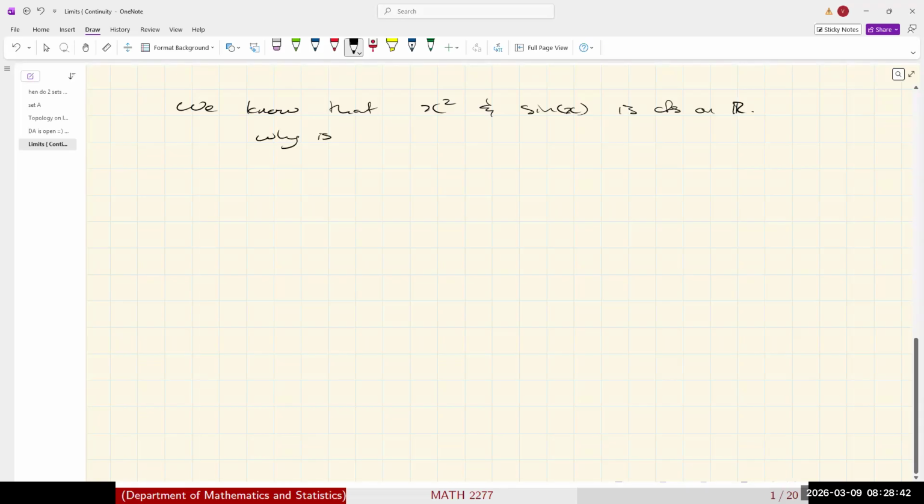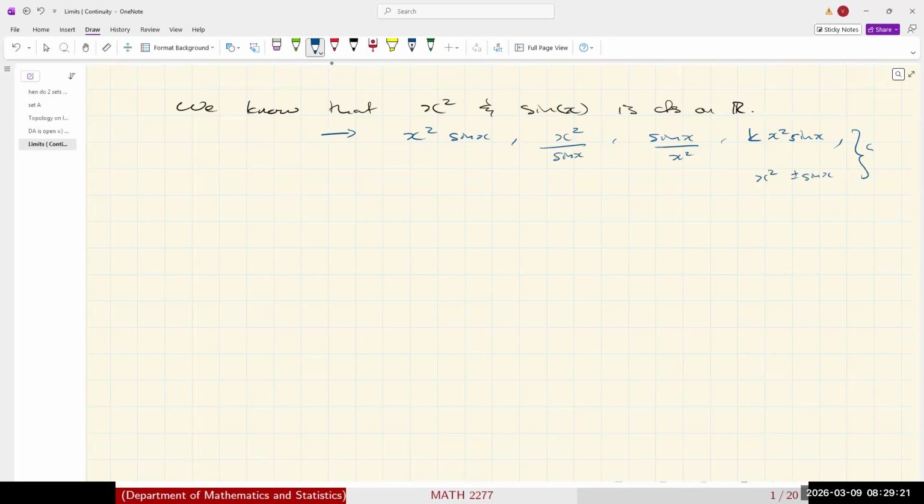Let me phrase it this way. Does this then imply that, using that theorem, we could say that x squared sine x, or x squared on sine x, where sine x is not zero, or sine x on x squared, or any multiple of sine x times x squared, or x squared plus or minus sine x.